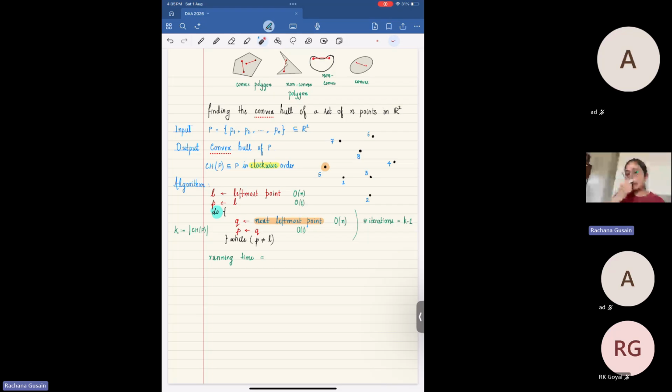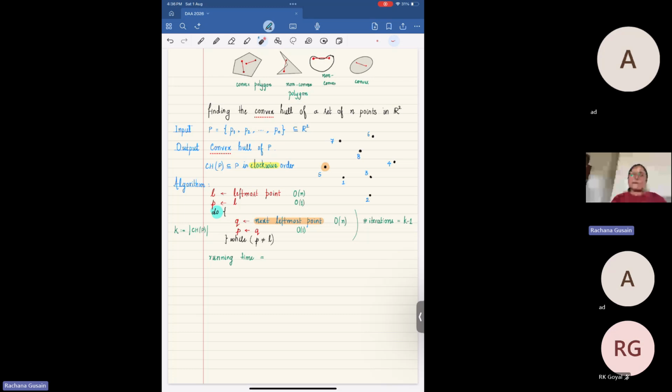So what is the running time of the algorithm? It should be n squared.